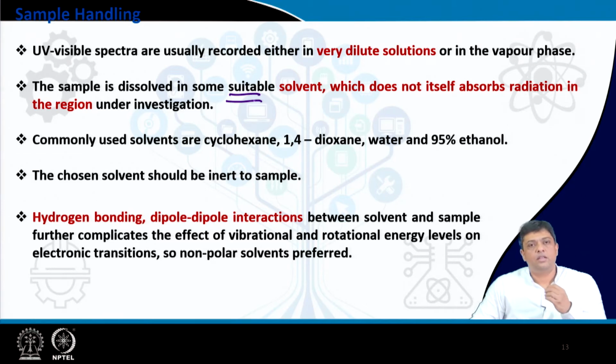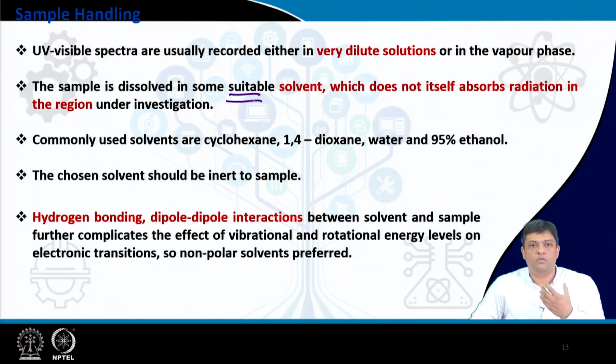That is the one which does not itself absorb radiation in the region under investigation. Otherwise, it will also start giving you signal. And obviously, the chosen solvent should be inert to the sample, so that there is no reaction between the solvent and the solute.